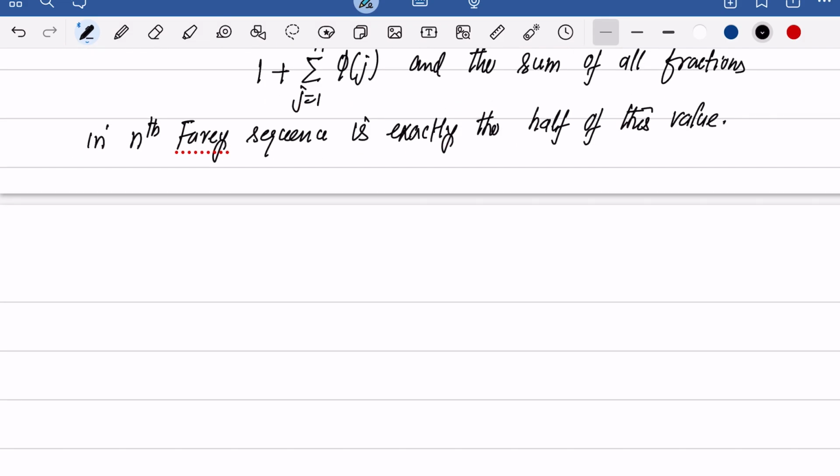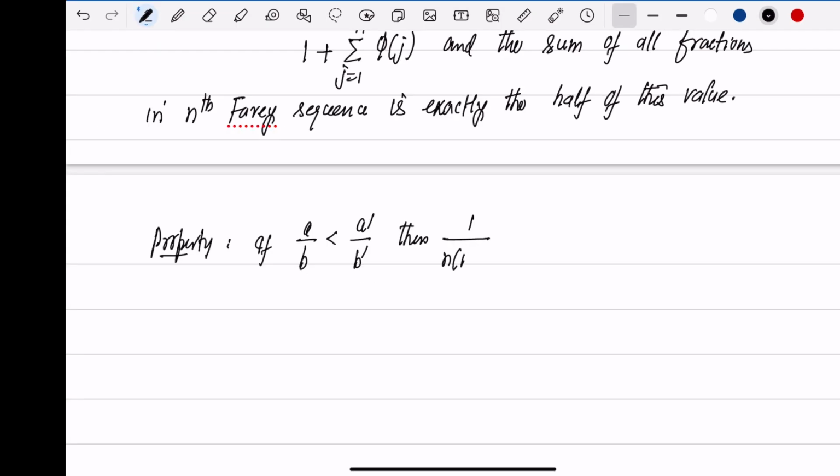And finally one more property, if a by b is less than a dash by b dash, then 1 divided by n into n minus 1 is less than or equal to a dash by b dash minus a by b, and this is always less than or equal to 1 by n.